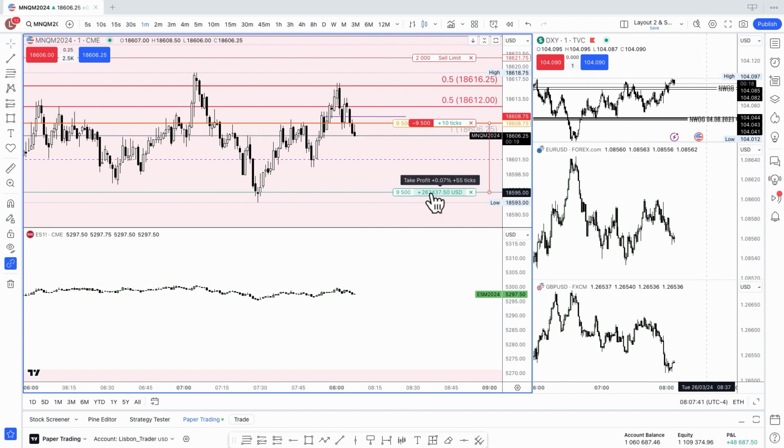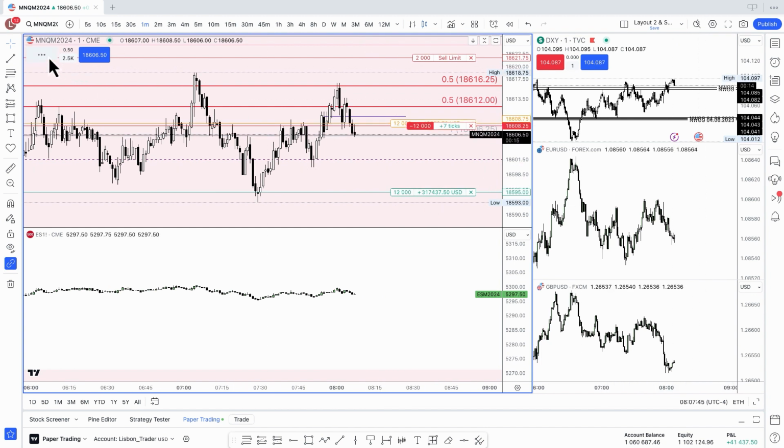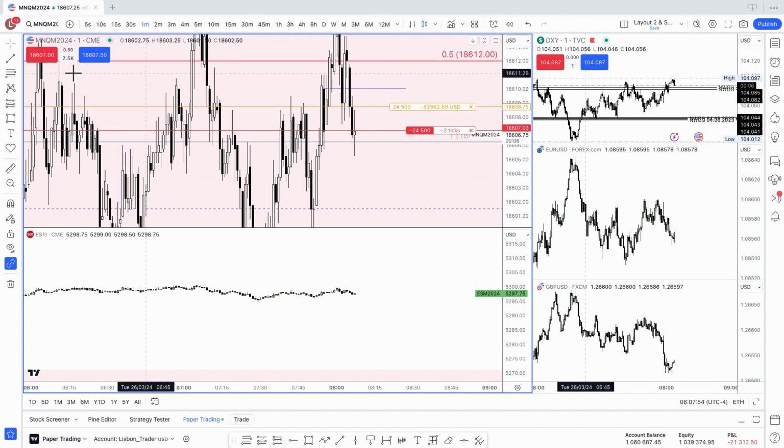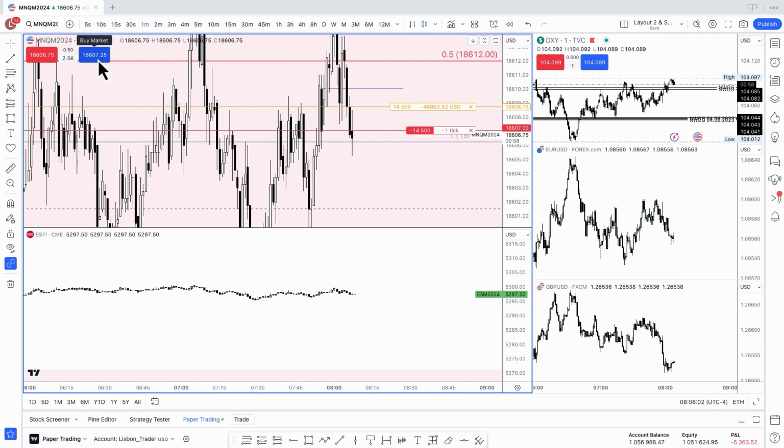There's 262 down below, so building the position of 50k from this level. I'll push it a little bit too much. 50. Okay. There. Let's see.